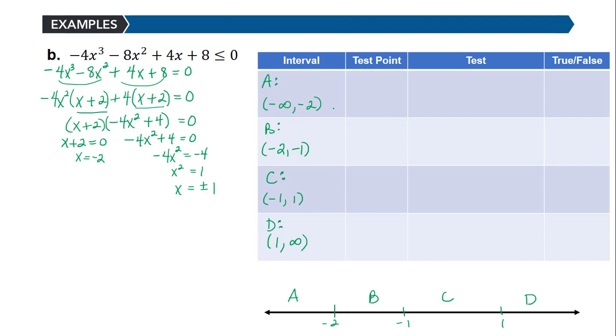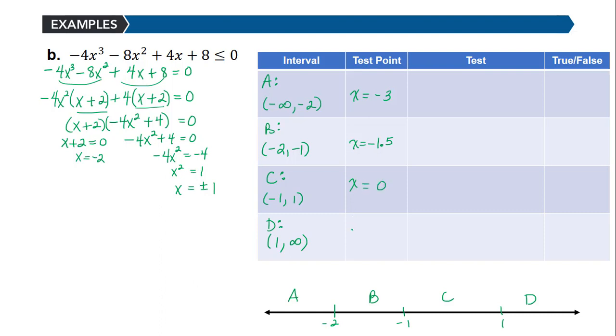So the test points that we can include: something to the left of negative 2 would be negative 3. In region B, that's going to be a little bit more tricky because there's not an integer between negative 2 and negative 1, so we need to include something like negative 1.5. Our test point in interval C, between negative 1 and 1, I would use 0.